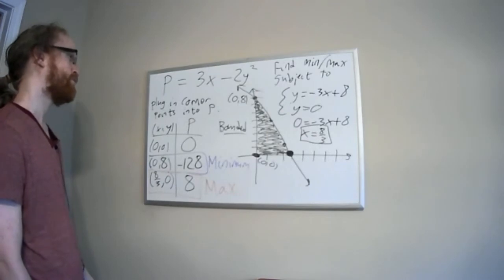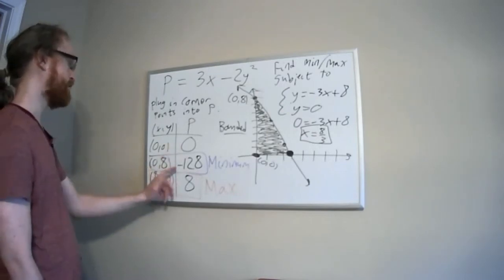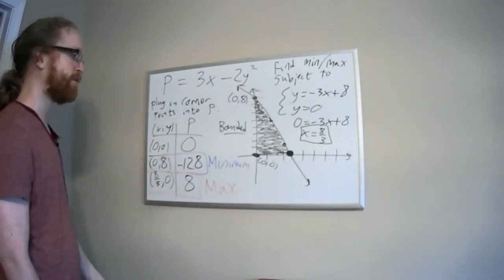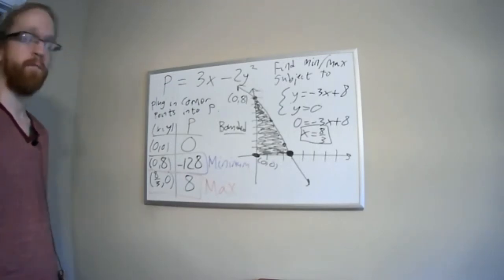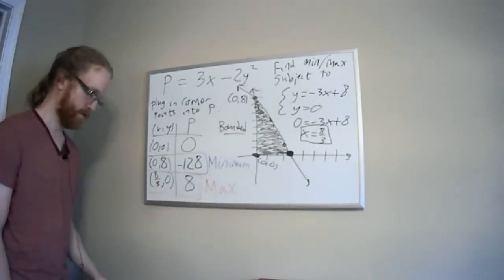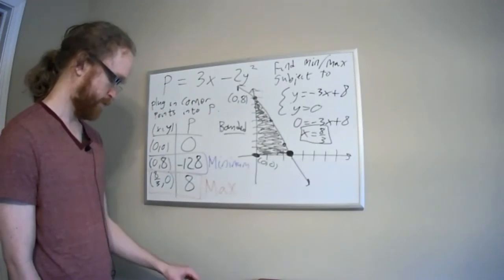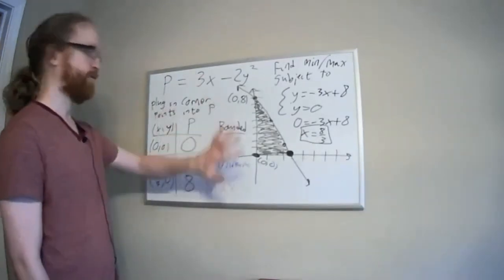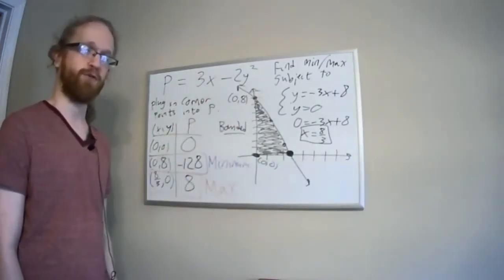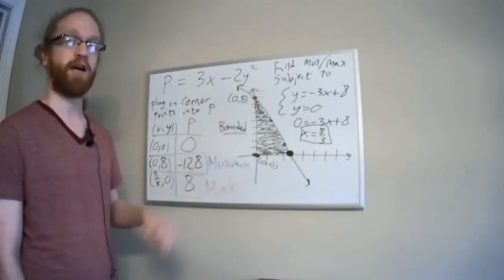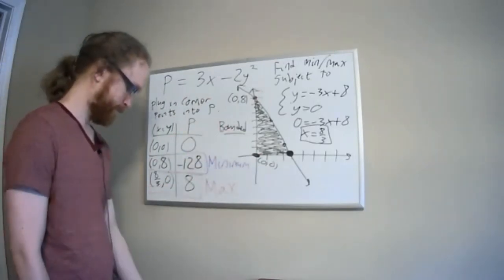Technically you could get fractions anywhere. These could have been fractions. It just depends on the problem. So yes, you could get fractions or decimals. But that won't change the overall method. It'll just change your particular calculations is all.